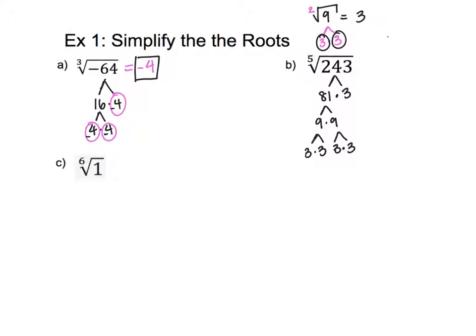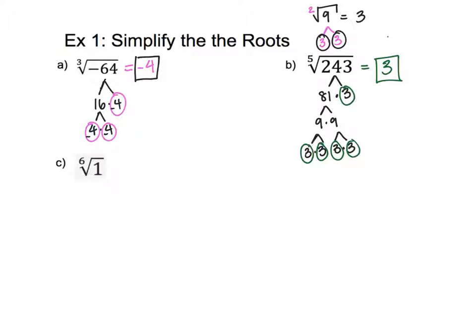When I look at this, it looks like I have 1, 2, 3, 4, 5 3s. So the 5th root of 243 is 3, because there are 5 copies of 3. So that is my answer.